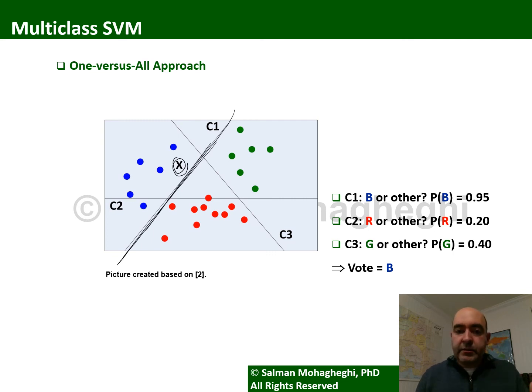Based on this decision boundary, it says it belongs to class blue and not everybody else, which includes both green and red, with a probability, hypothetically, let's say 0.95. And then you will do red versus everybody else and green versus everybody else. For each one, you will find a probability, and then you will basically go with the one that will give you the highest probability.